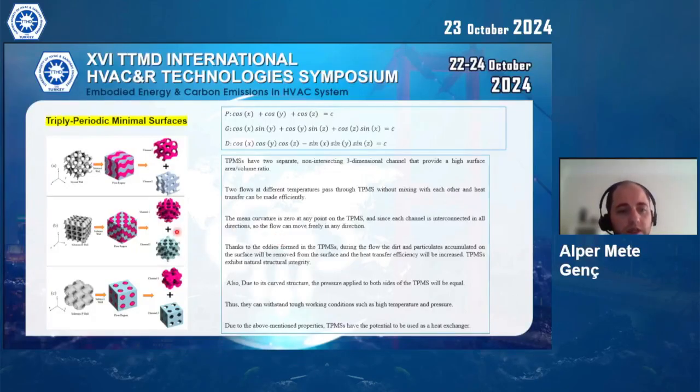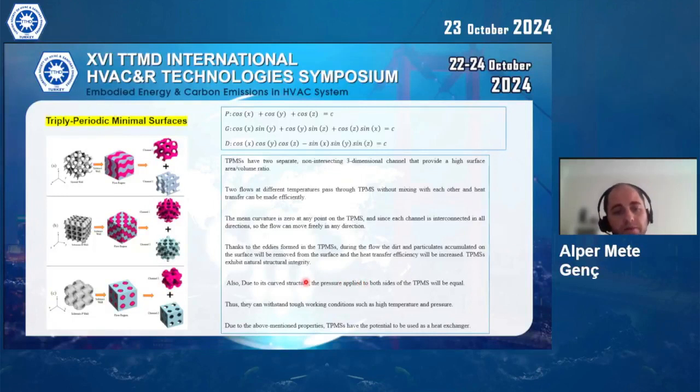TPMS exhibits natural structural integrity. Also, due to the curved structure, the pressure applied to both sides of the TPMS will be equal. Thus, they can withstand tough working conditions such as high temperature and pressure.